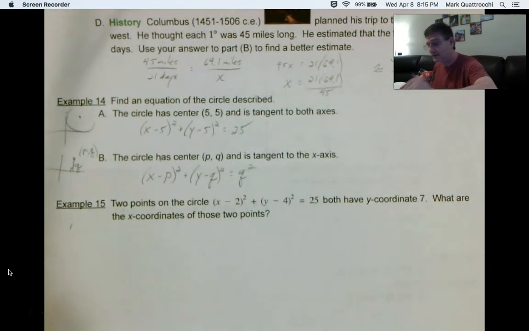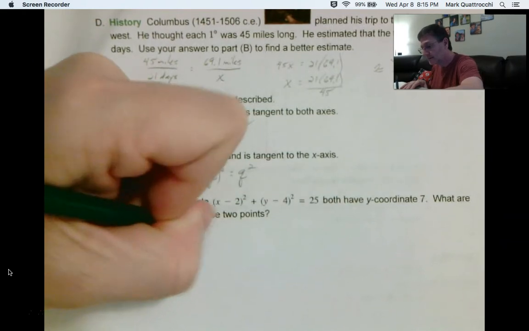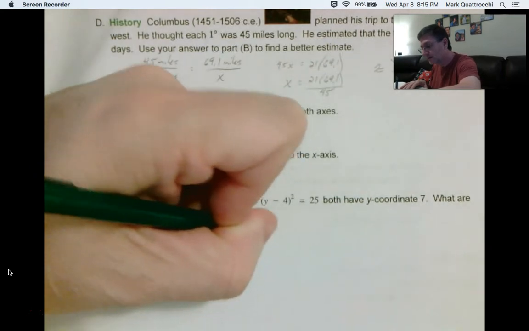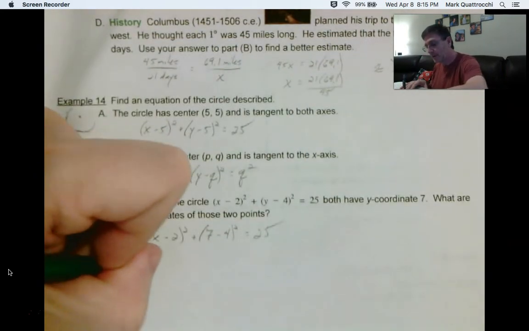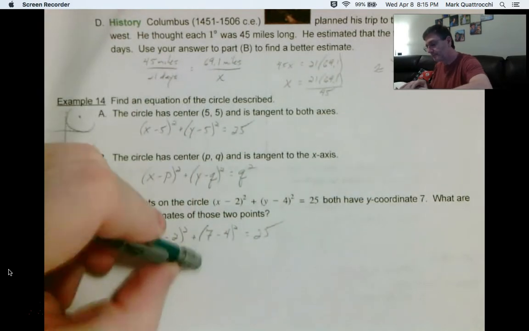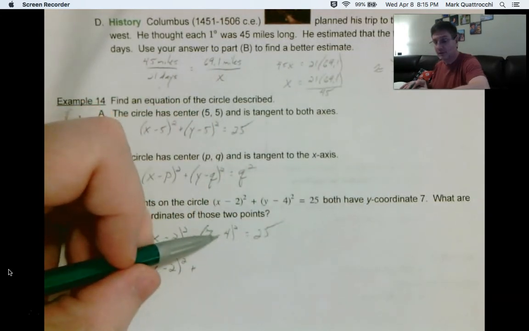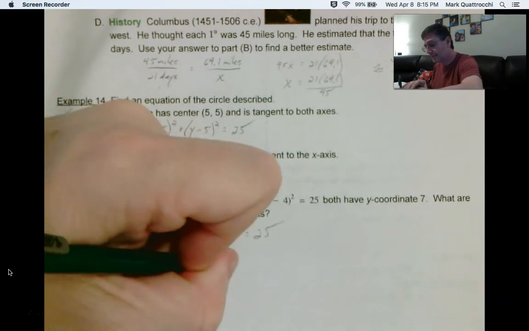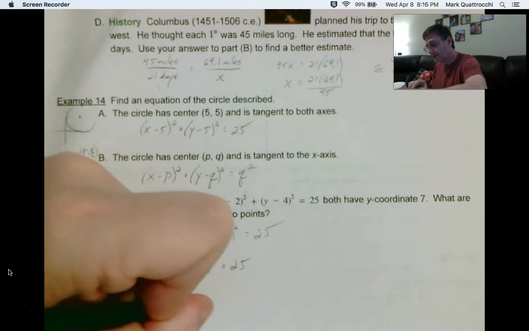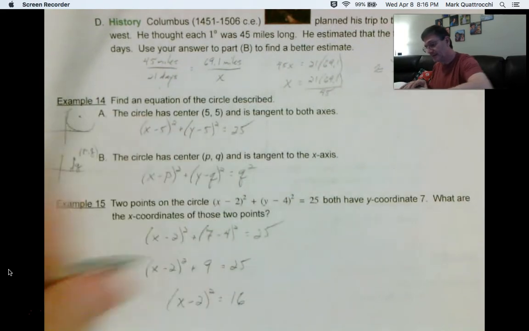We're going to get 2 different answers here. (x minus 2) squared plus (7 minus 4) squared equals 25. 7 minus 4 is 3. 3 squared is 9. Subtract 9 from both sides. (x minus 2) squared equals 25 minus 9, 16.